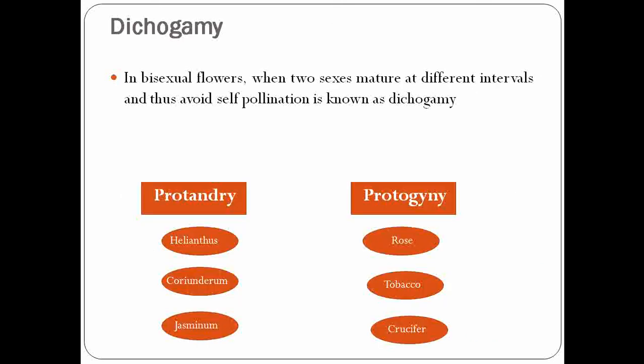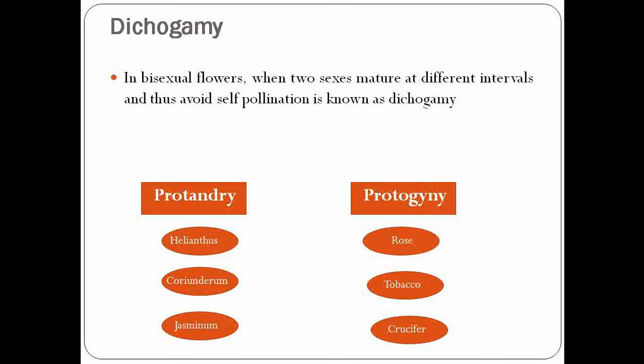Now moving towards next, the second condition to achieve cross pollination is dichogamy. So what is meant by dichogamy? You know that for the process of pollination, both the androecium, or the pollen grains, and the stigma should be mature.